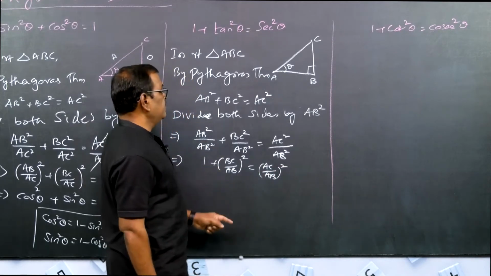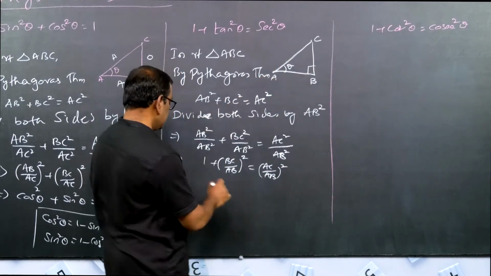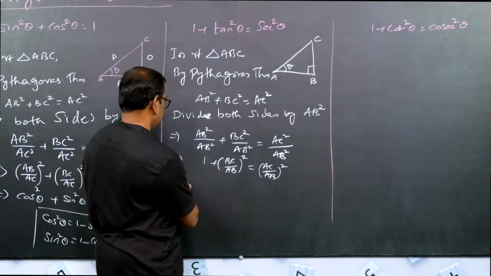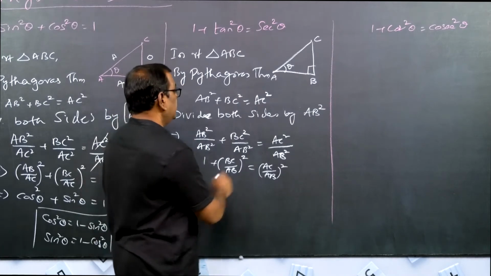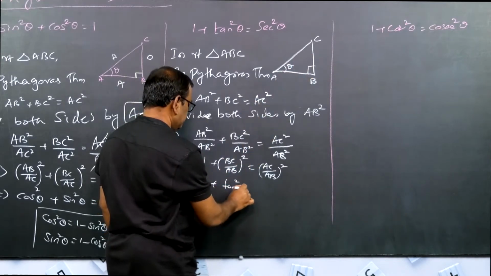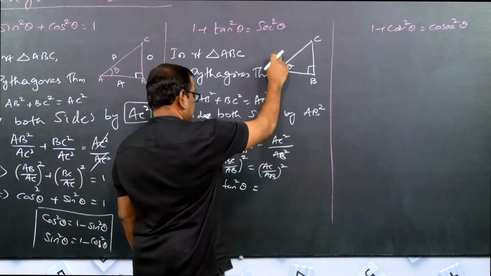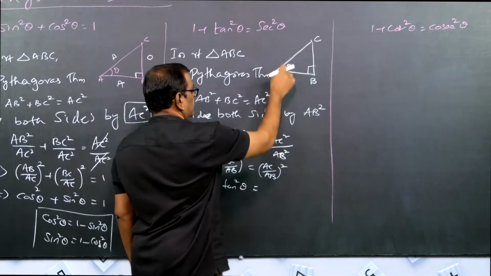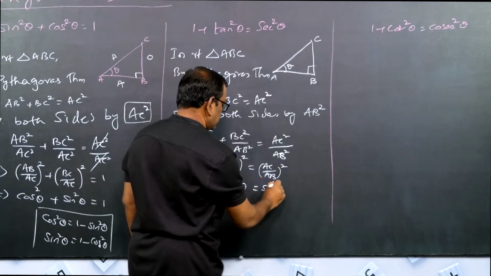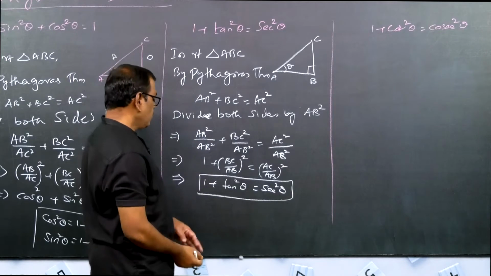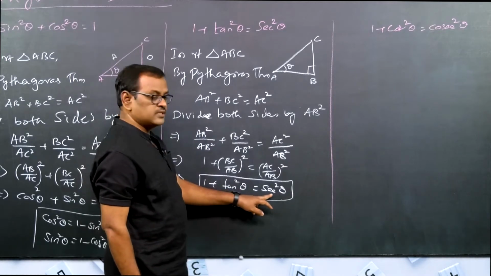BC by AB, this is tan theta. So 1 plus tan square theta equal to AC by AB, hypotenuse by adjacent side, this is secant square theta. This is the proof of the second identity, 1 plus tan square theta equal to secant square theta.